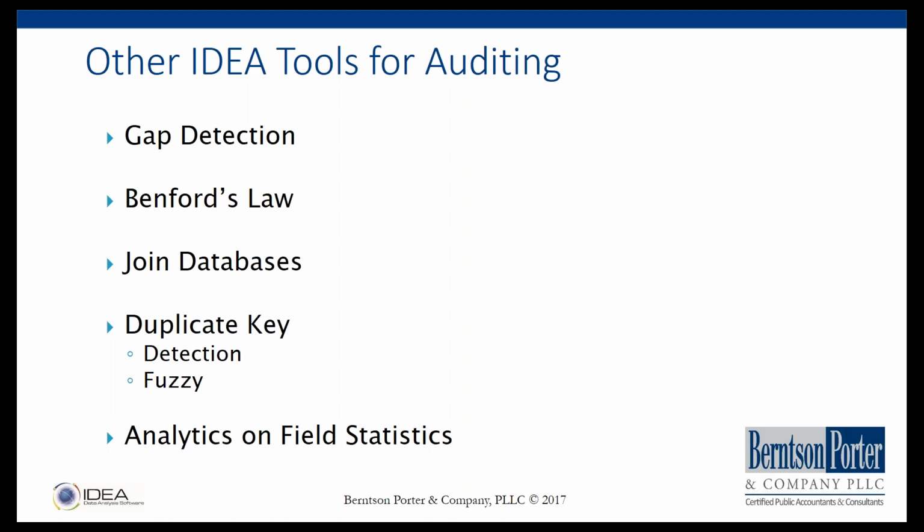And a classic example is, if you live on 101 Main Street with street spelled out, and then somebody else lives at 101 Main Street ST period, the fuzzy logic will actually say these two are similar enough that you should look at it, whereas just the general duplicate key detection doesn't, because those are different. Street spelled out is not street with a period.